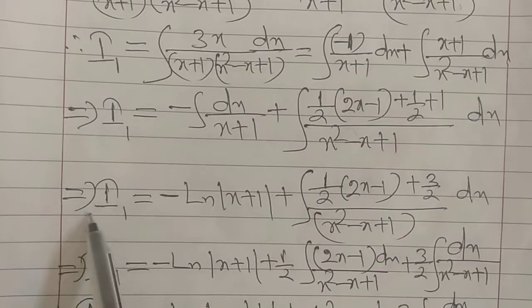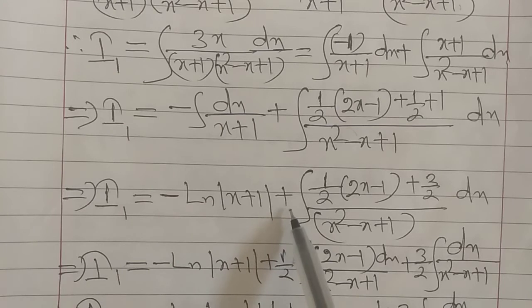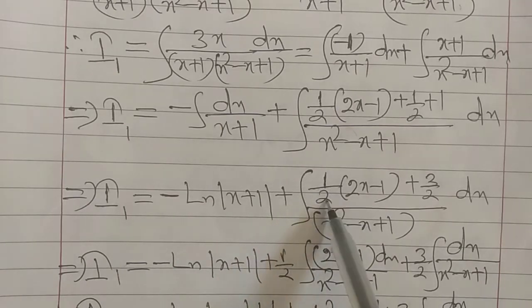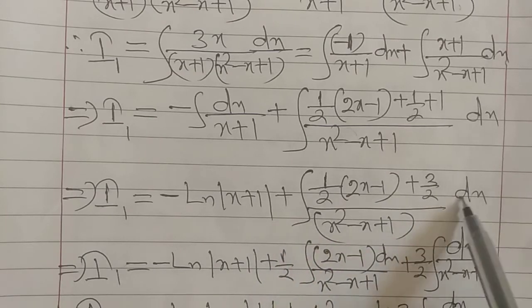So this implies I1 is equal to minus ln modulus of x plus 1 plus integration of 1 by 2 into 2x minus 1 plus 3 by 2 by x square minus x plus 1 into dx.